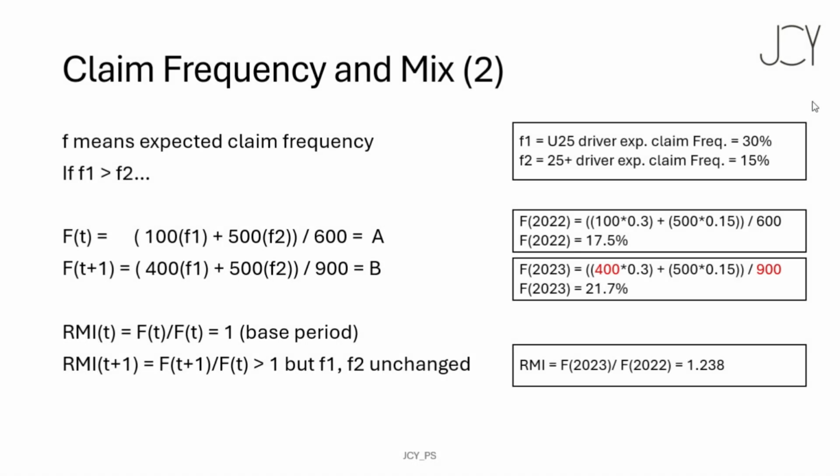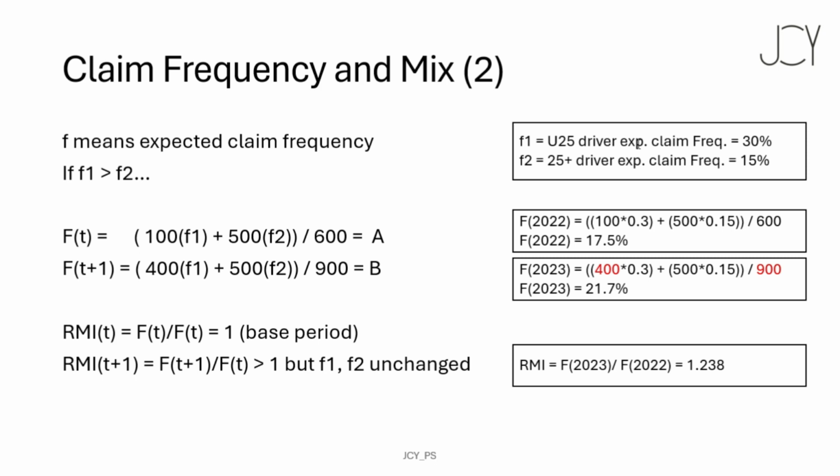If we take a simple example just to illustrate the point, we can consider risk 1 as under 25-year-old drivers, and their expected claim frequency is 30%. Whilst for risk 2, we have, broadly speaking, 25-plus-year-old drivers, and their expected claim frequency is 15%.